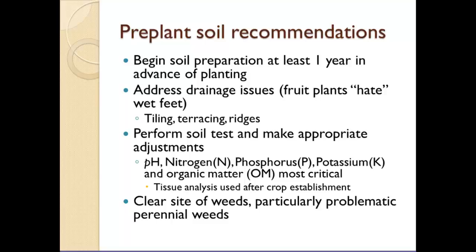So when we're looking at these pre-prep recommendations, I usually say start your prep at least 1 year in advance of planting. And really, particularly if you're doing something like blueberry plants where you're most likely going to have to make some adjustments in pH and most likely significant increases in acidity, or in other words, reducing your pH.